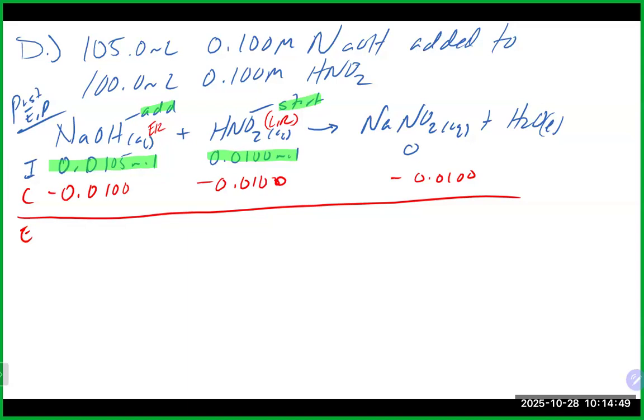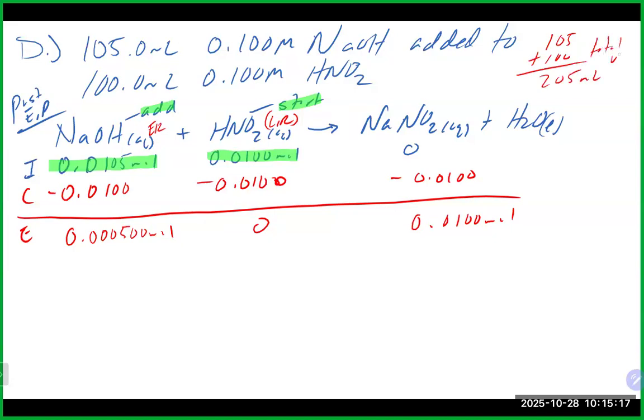And that's going to get me here 0.0105 minus 0.01, 0.0005. That's going to be 0 and 0.01 moles. At this point, we could get our total volume. So here we had 105 we added. We started with 100, so we're looking at 205 milliliters as our total volume.